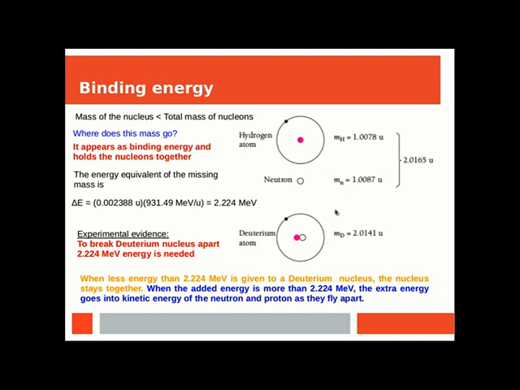For example, in this case, if you need to determine the binding energy, this much is the mass defect in atomic mass unit. Multiply by this, we get 2.224 million electron volt. That means this much of the atomic mass has converted into energy and has appeared as binding energy in this nucleus, which is equal to 2.224 million electron volt.